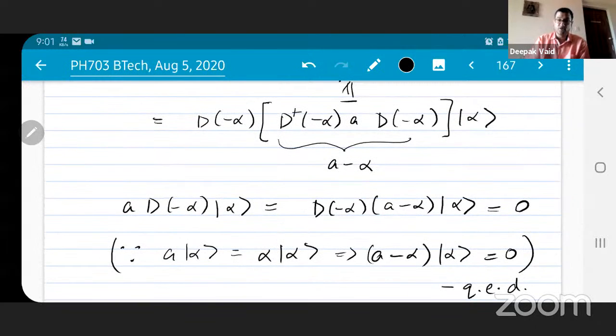Okay, so all of this is okay, but the problem is that we have not yet shown the main thing, the meat of the matter, which is why we call these states coherent. So coherent means that they are minimum uncertainty eigenstates.